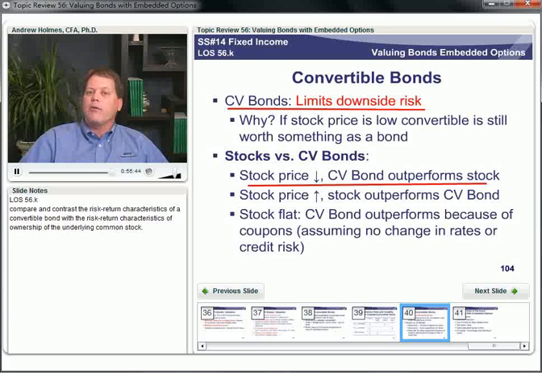If the stock price goes up, then we're going to say, wow, I wish I just bought the stock instead of buying the bond and paying that premium. Then the stock will outperform the bond. And as I said, in a market with flat stock prices, the convertible bond is going to outperform, assuming no changes in interest rates, because of the income that we receive from holding the bond.